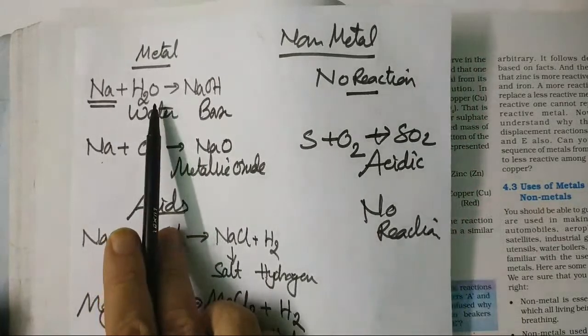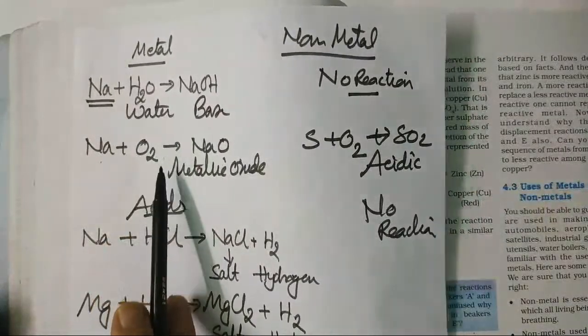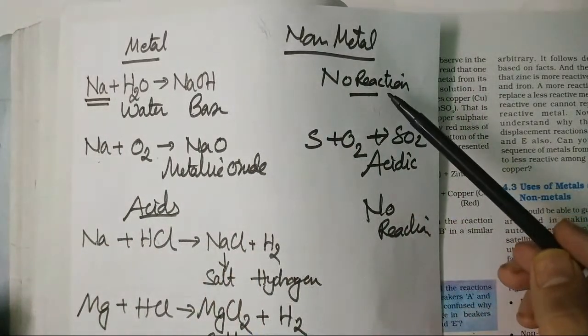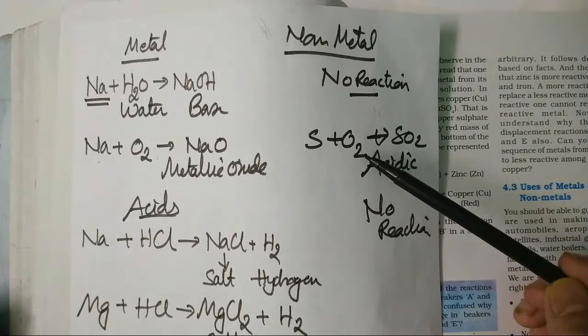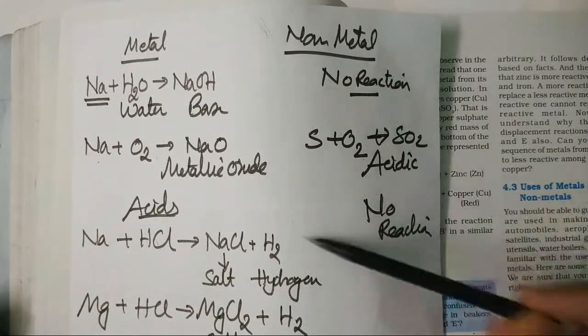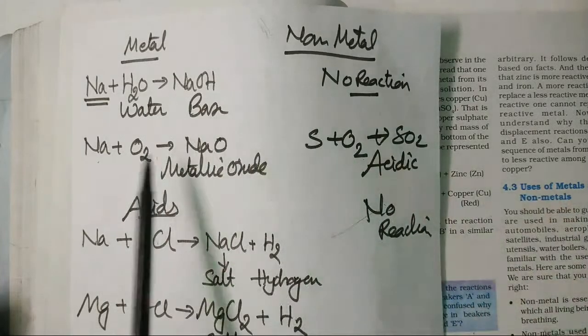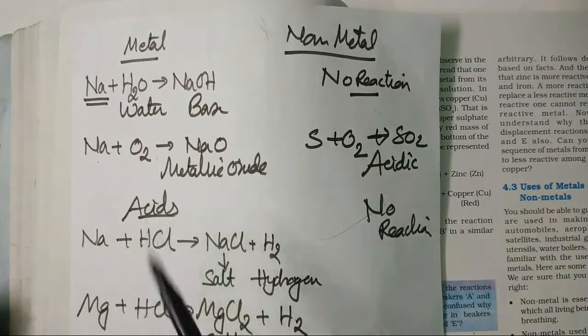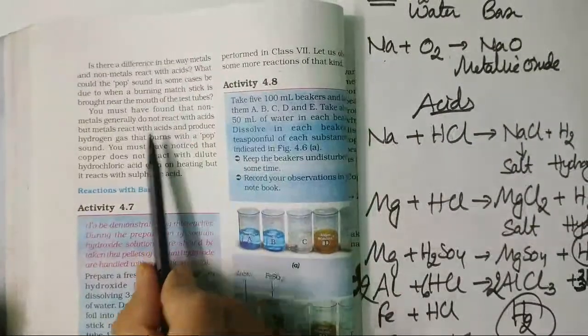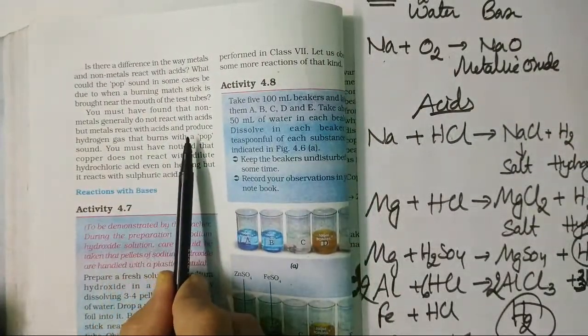Metals react with water, oxygen, and acid. Non-metals do not react with water, they react with oxygen, and they do not react with acid. In short, you have to remember only metals show the reaction. That is mentioned here. Non-metals do not react with acid.